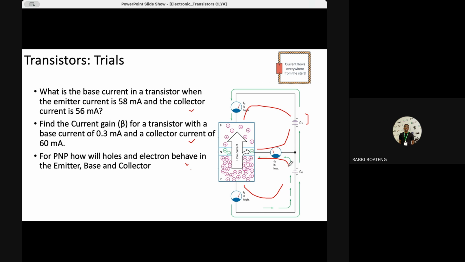The configuration changes as compared to the NPN that we did. That one had a positive and a negative here, and another positive and a negative there, and here we only have a positive and a negative. So if you are asked to draw, know how the configuration actually works here. Is that okay? Can I go on? So this is a trial work for you to try for me, I beg.